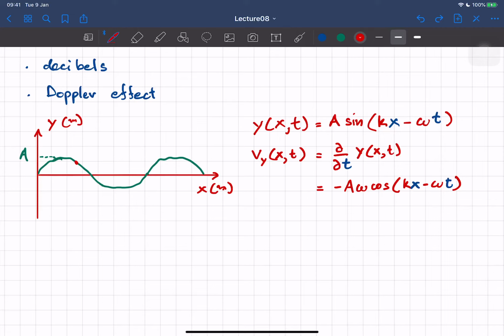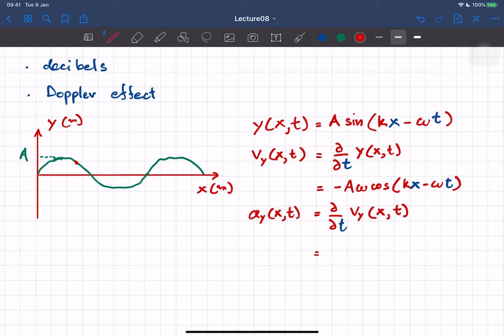All right, and then next, what we did last time is we didn't stop here, right? We do another differentiation, which is the acceleration. So a_y, which is a function of x and t, is also d by dt of the velocity, which also depends on two free variables. Okay, so you do the same thing again.